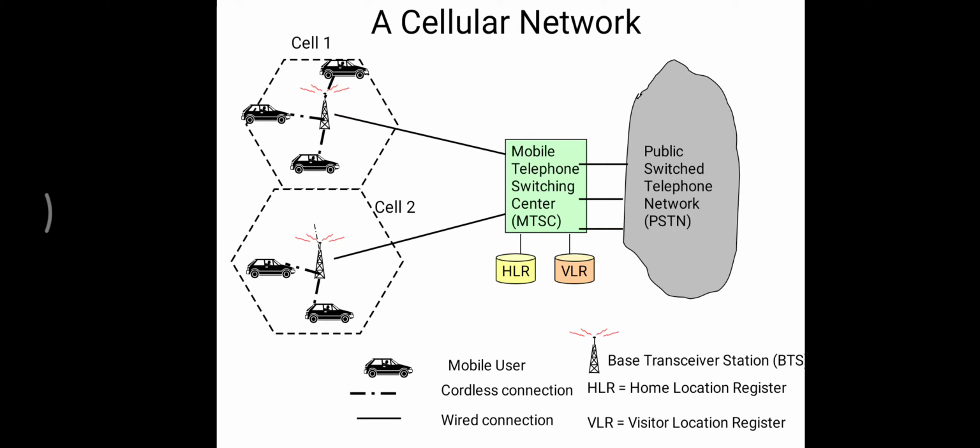Mobile users communicate with the base transceiver station, BTS, which communicates with the MTSC, and the MTSC is interconnected with the PSTN. Wires connect the BTS with the MTSC.